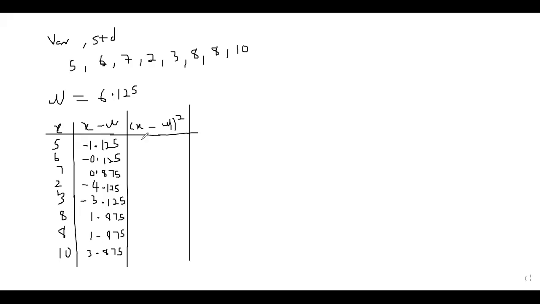Sir, what you have. So the first is 1.27. The 6 is 0.12. The 7 is 0.77. Next one, the 2 is 17.02. The 3 is 9.77.